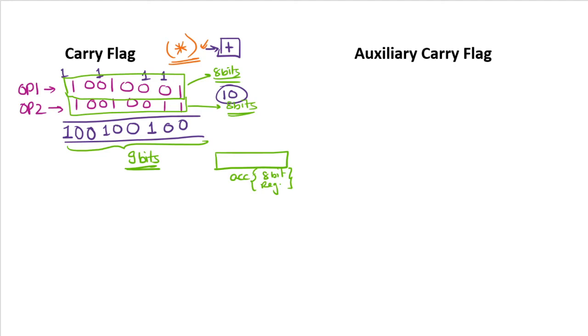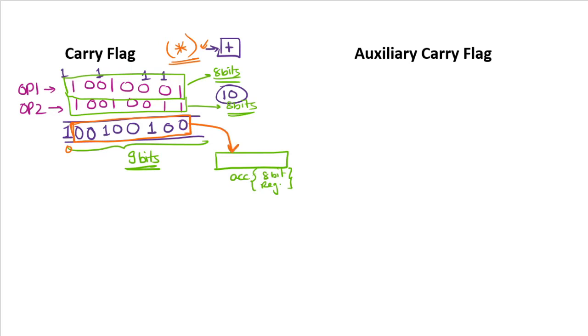So what we do is we save the part starting from index 1 till the end, supposing this is index 0, in our accumulator register.